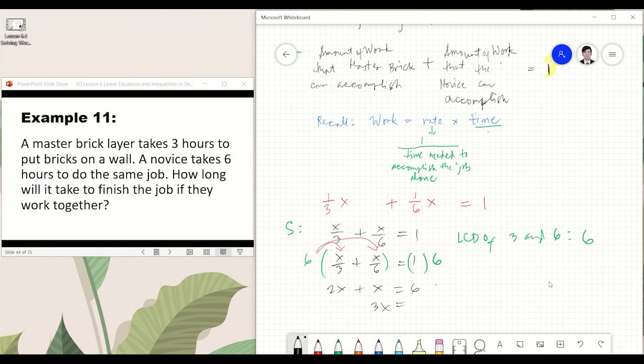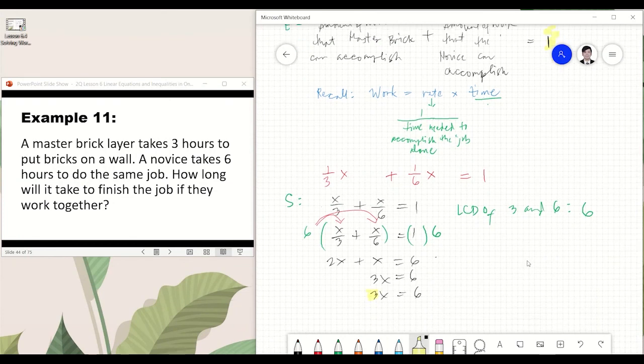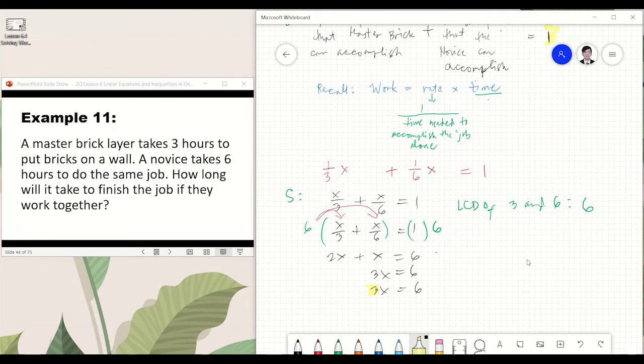So, 3x. Okay, and then, yung coefficient, 3. So, kailangan natin siyang gawing 1. So, we still have to multiply its reciprocal, which is 1/3. So, x is equal to 2. So, ano yung ibig sabihin ng ating x na may 2? Ito yung kakailanganin nilang oras para matapos yung job together.